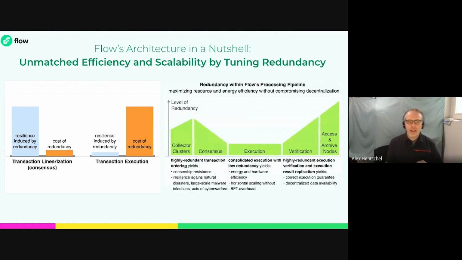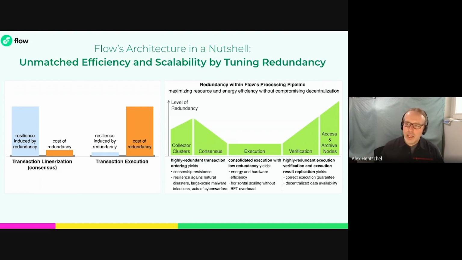And so that leads us to the following trade-off in Flow. We have a high level of redundancy for our transaction linearization step. There we get all the benefits of decentralization. For the execution, we focus the execution in a few nodes. There we get all the benefits and also scalability of highly localized data and highly localized computation. So essentially locality.